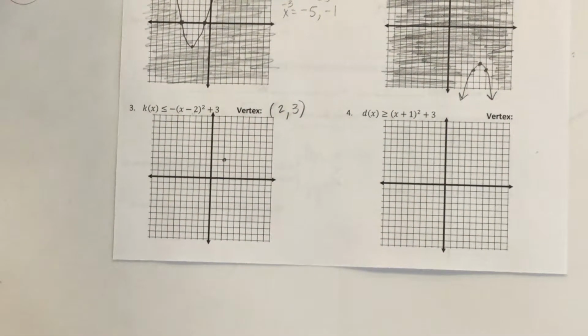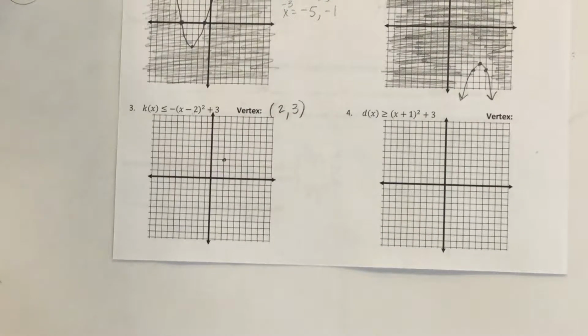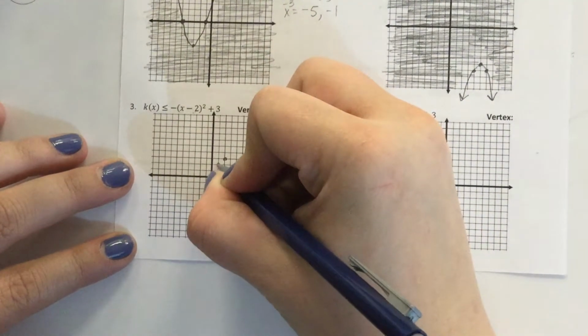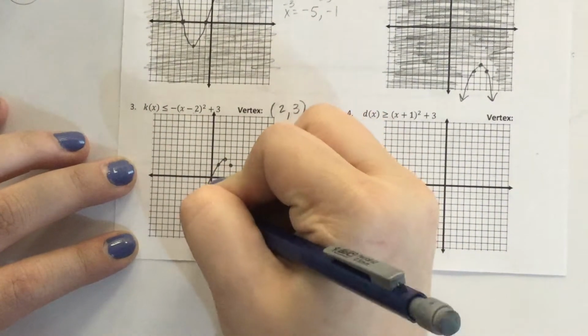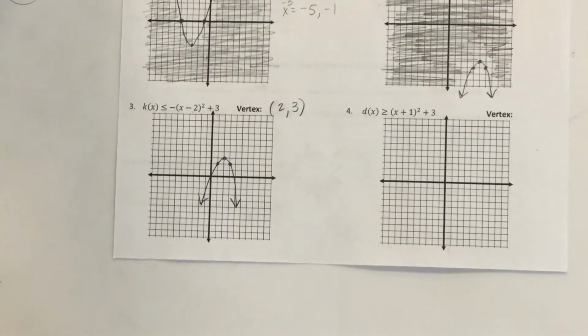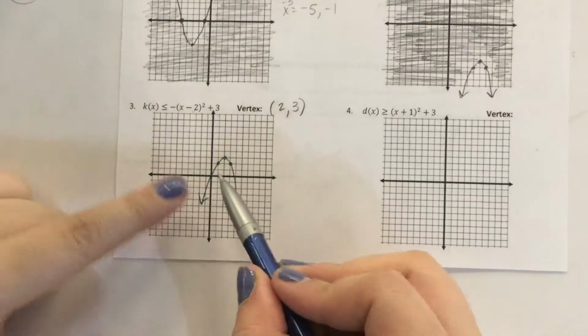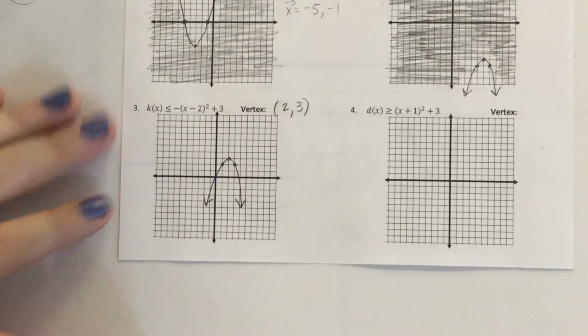So let's plug in 1. 1 minus 2 is negative 1, squared is 1, with the negative that's going to be negative 1 plus 2. There's my parabola. I just plugged in 1. I could plug in 0 or whatever. You can find the zeros if you want.